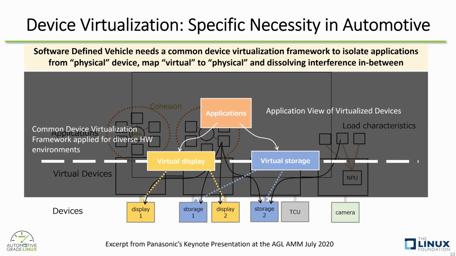The concept of device virtualization itself is that no matter the physical location of devices or the architecture of the overall system, whether it is multi-ECU or just one centralized ECU with different VMs, the device itself should be location agnostic and highly abstracted, so that the application can have a common device virtualization framework, without worrying about the physical devices.